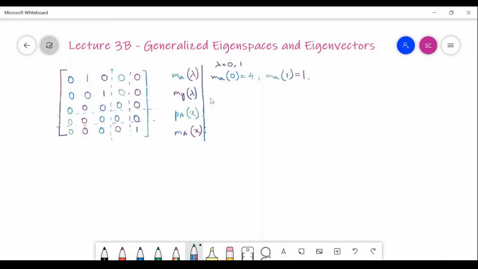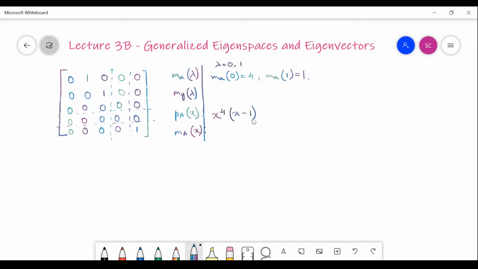What is MG0 and MG1? That needs to be found out, but first let us easily calculate the characteristic polynomial, that is nothing but x^4 (x minus 1).